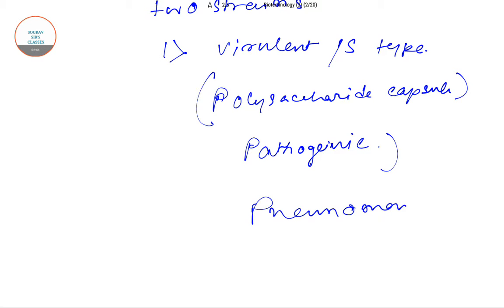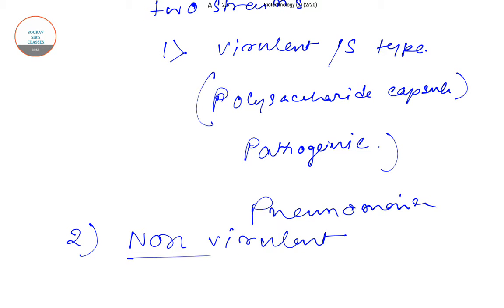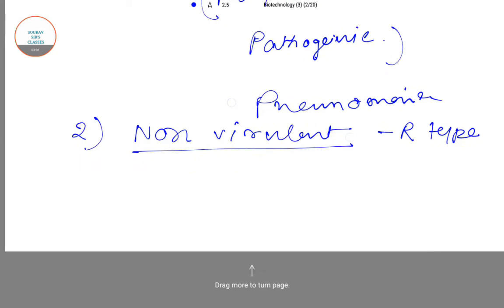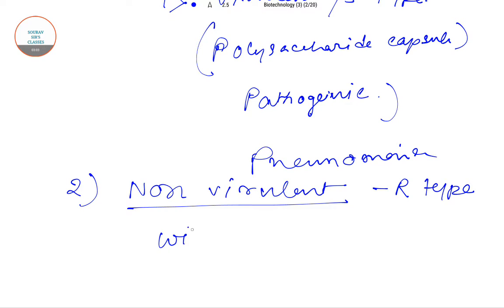The second one is the non-virulent, rough type, that is the R type. This one is without a polysaccharide capsule and does not produce any disease, so it is non-pathogenic.